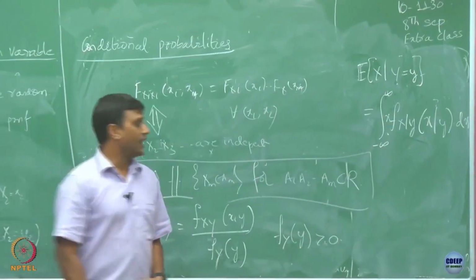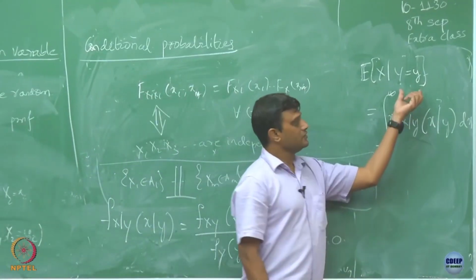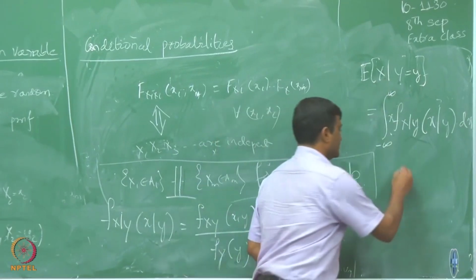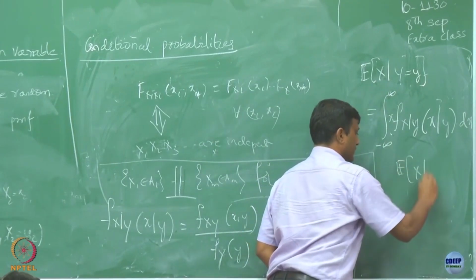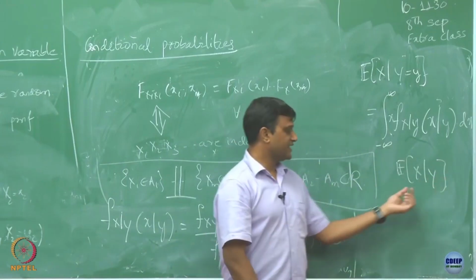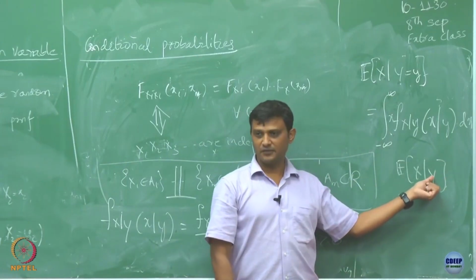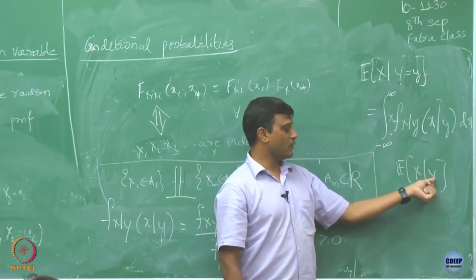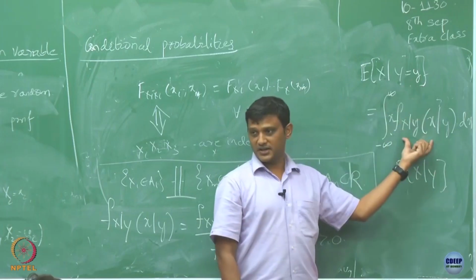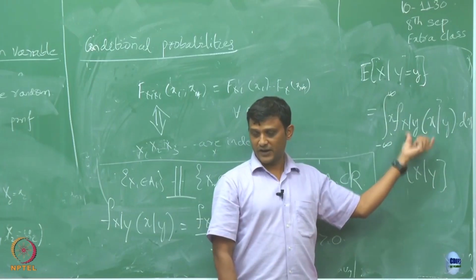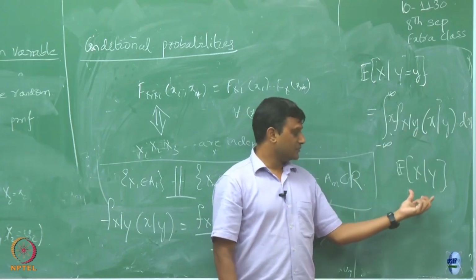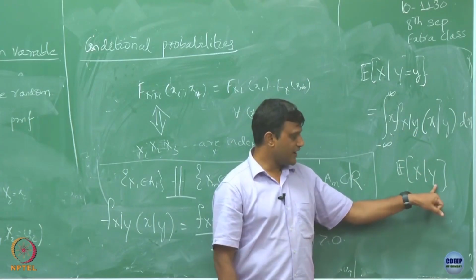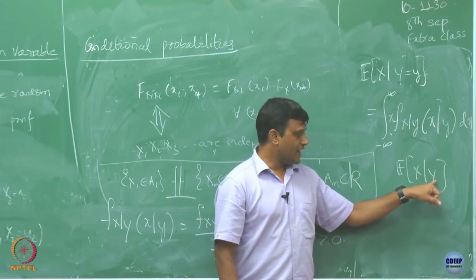Into x, right? And one more thing: this often will be written simply as expectation of x given y. If I write this, it means that for a given value of y, once you specify what y is, this is going to be the expected value. There is no randomness in this. But if I just write it as x given y, I have not specified the value I am conditioning on.